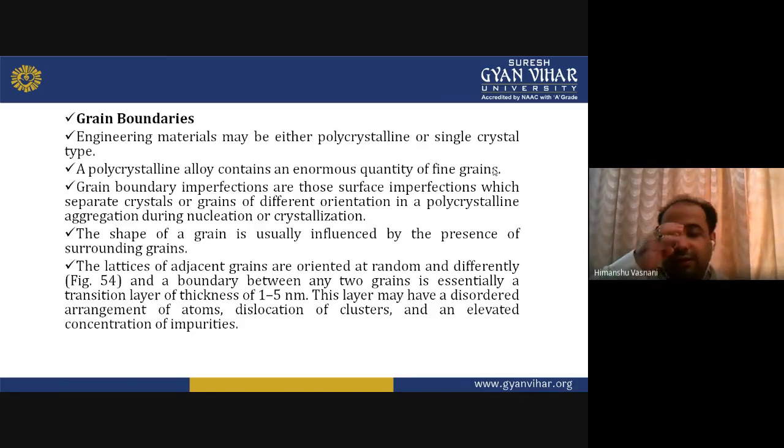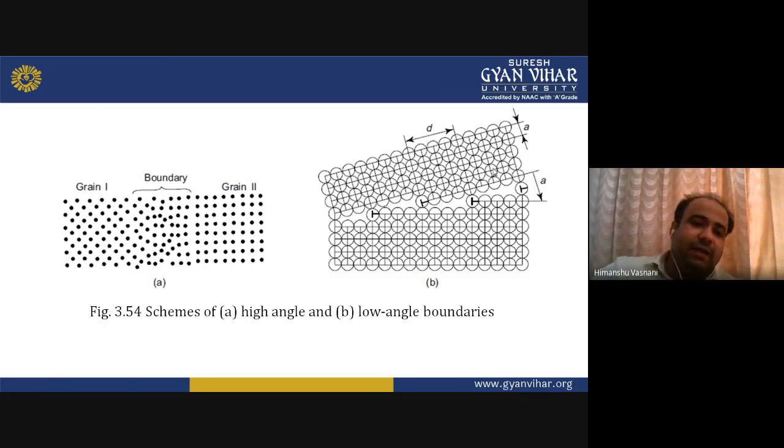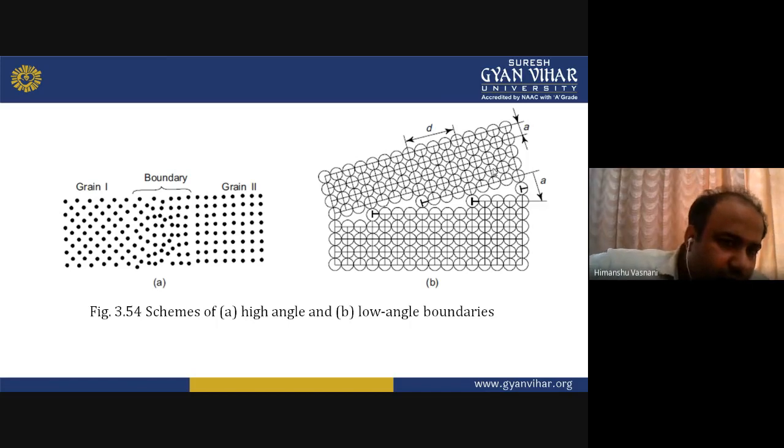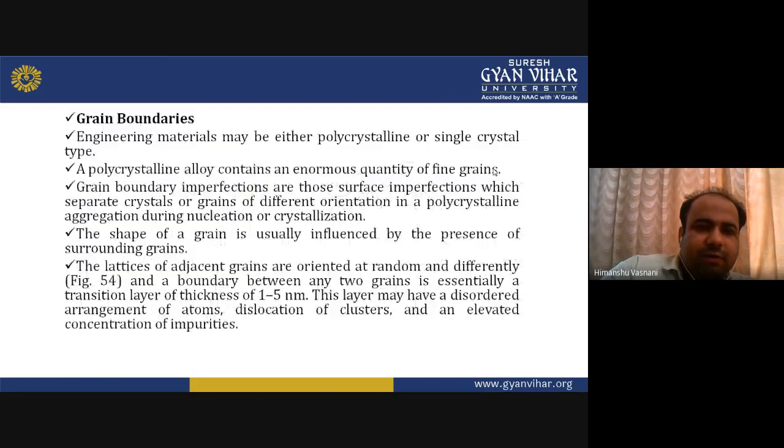You can see this very easily in the diagram. In A on the left, there are two grains, grain 1 and grain 2, and in between a boundary layer imperfection. See the name here, grain boundary imperfection.